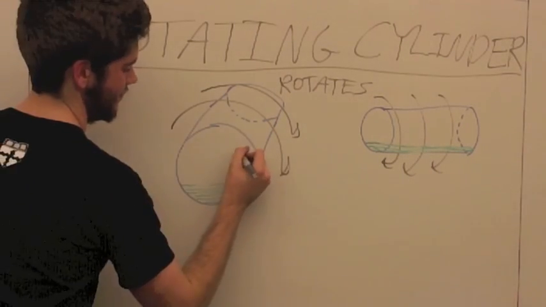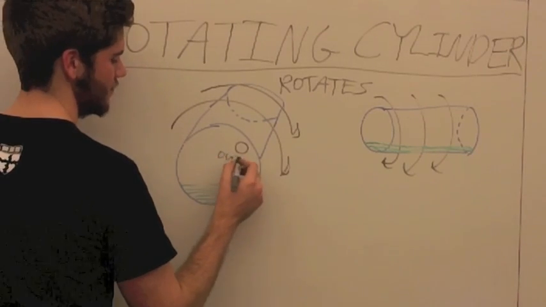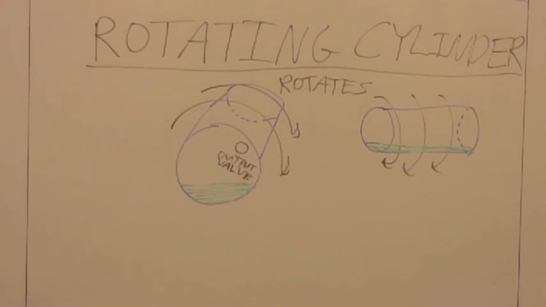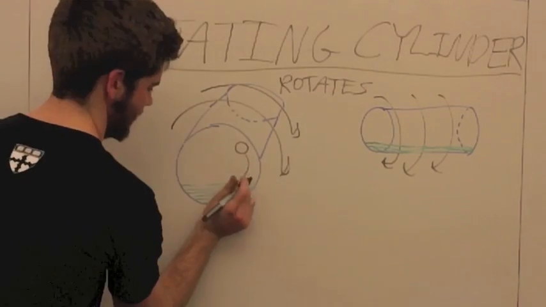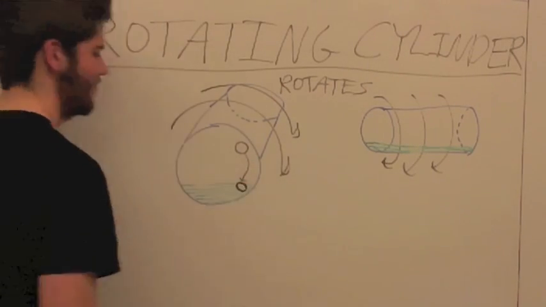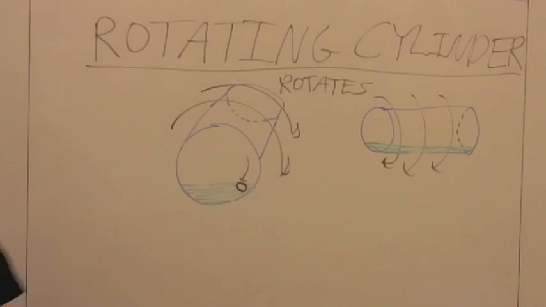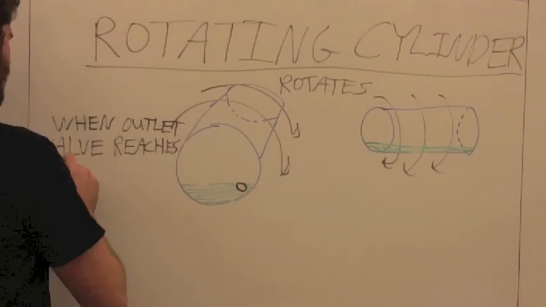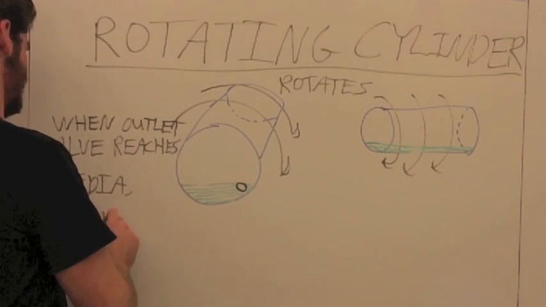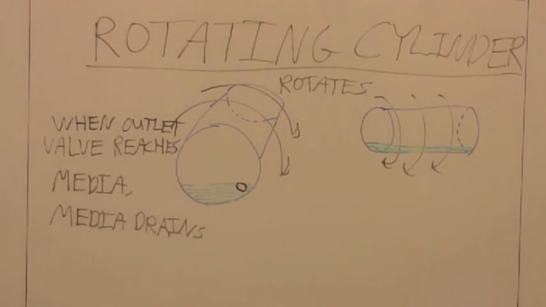By adding a valve to the side of the cylinder, every time the valve lines up with tubing on the actuator, the media can be drained. The cells which are still adhering to the cylinder will not be swept out with the media.